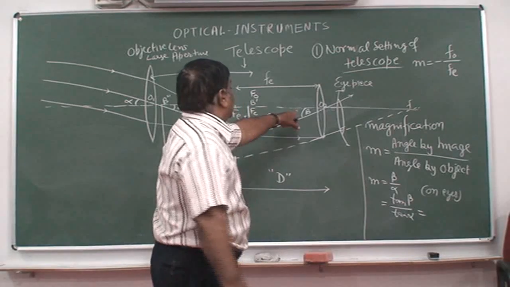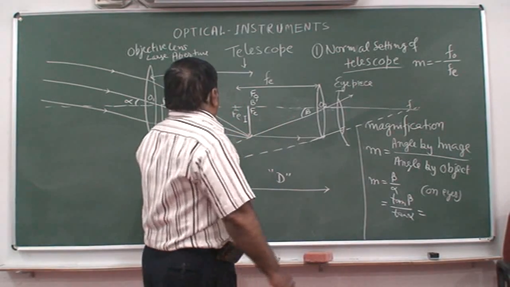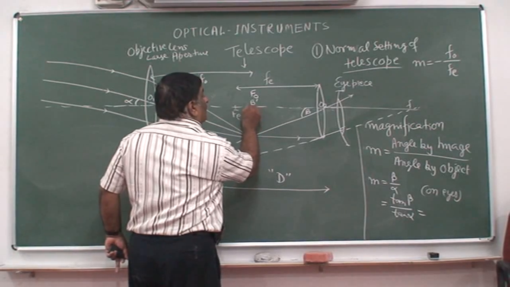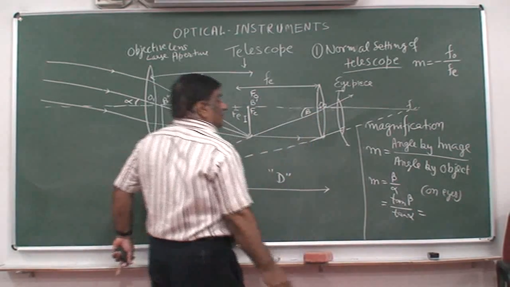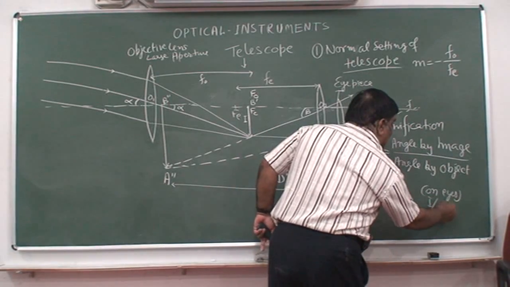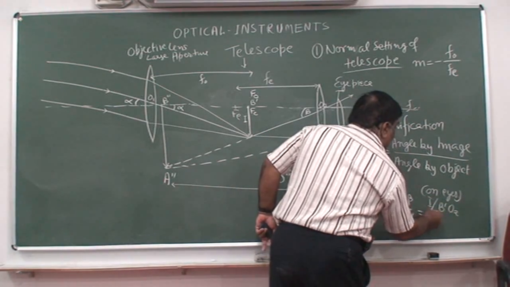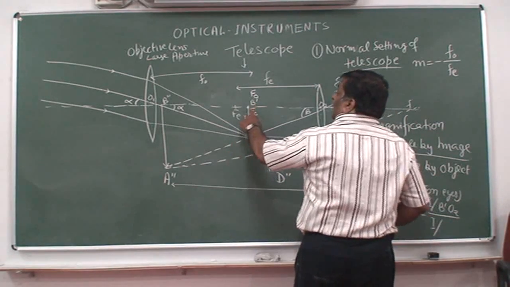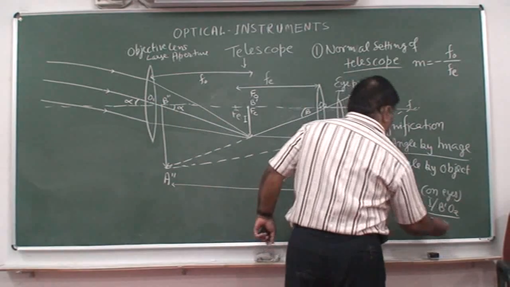Now tangent beta here. Tangent beta in this case is I upon B dash O2, divided by I upon B dash O1.